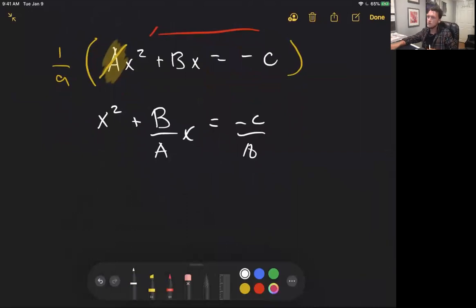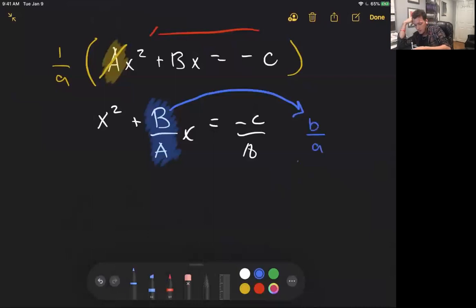This is where I start to get a little iffy, because I have this coefficient right here, and I'm going to have to play around with it. Specifically, I am going to divide it by 2 and raise it to a second power. So that looks like b over a, all over 2, and then the entire thing is squared.